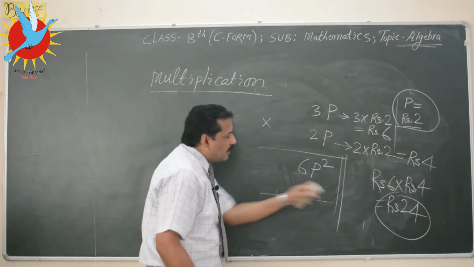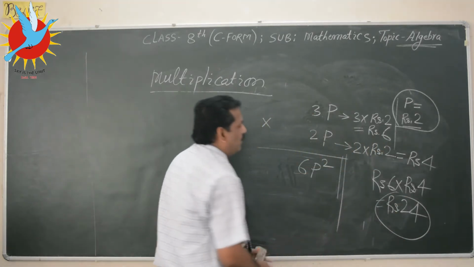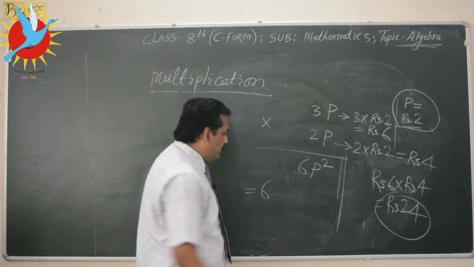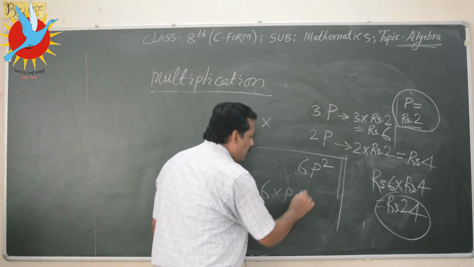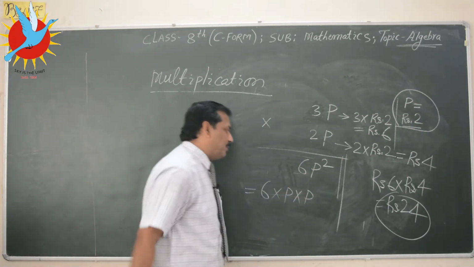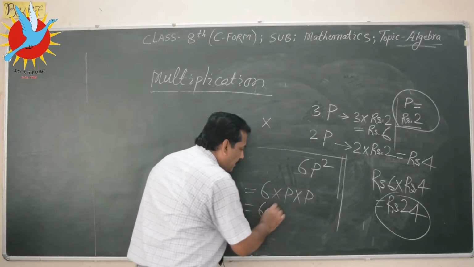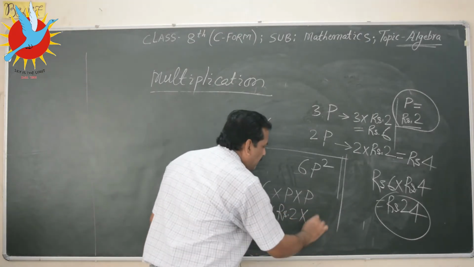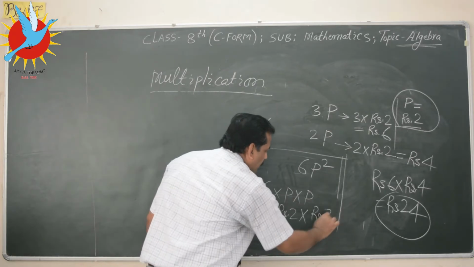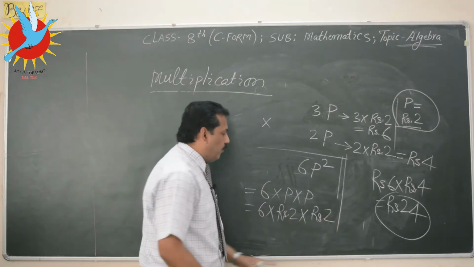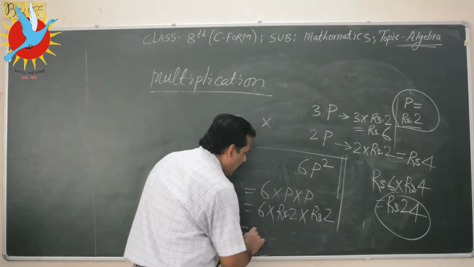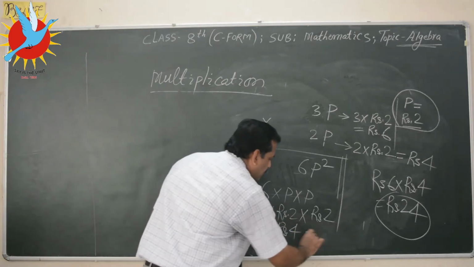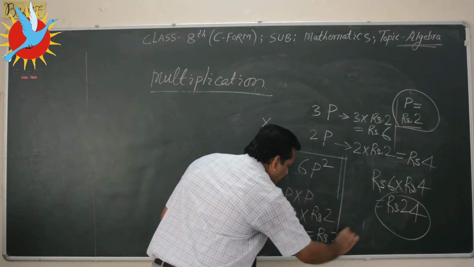Let us check what the value of this 6p square is. This is 6p square, means p multiplied by p. So p is rupees 2 multiplied by rupees 2, which means rupees 4, and 6 multiplied by rupees 4 is rupees 24.